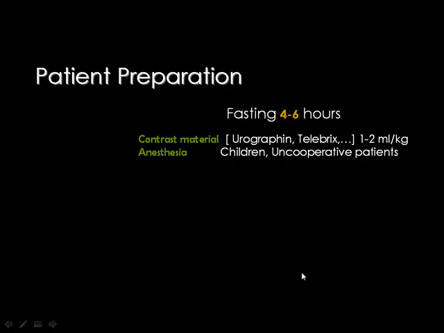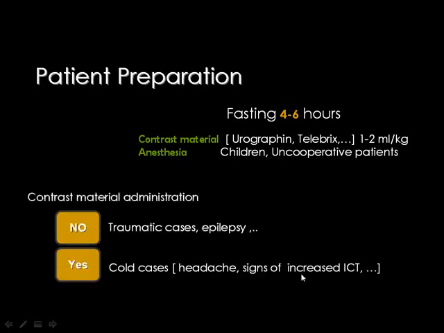In order to have a CT scan of the brain, there should be some patient preparation. The only preparation required is to let the patient fast for about 4 to 6 hours: 4 hours for children and 6 hours for adults. This fasting is required whenever the patient is going to be injected with contrast material, or will receive some kind of anesthesia.